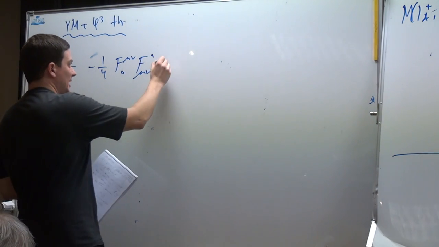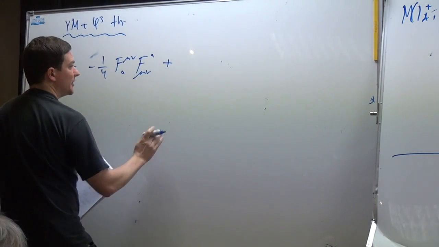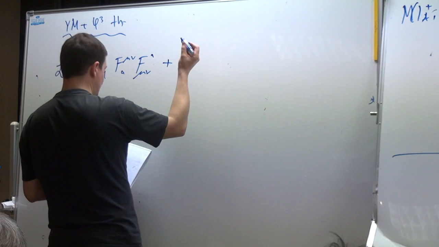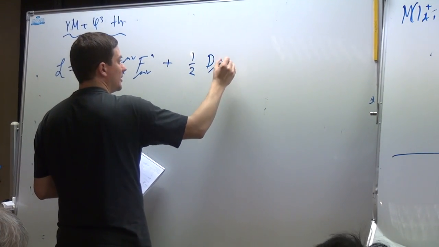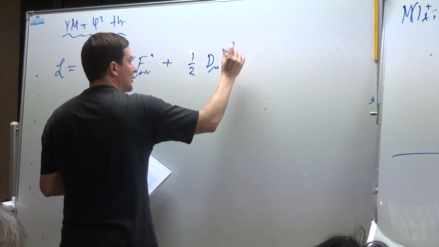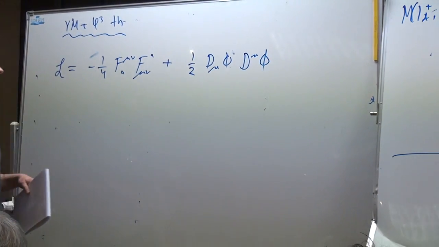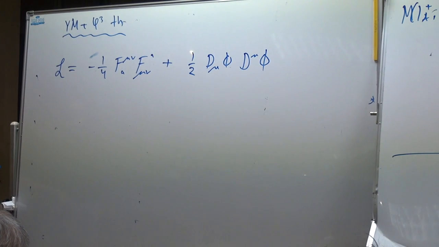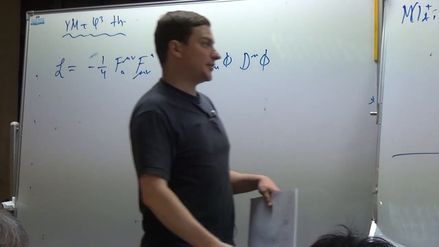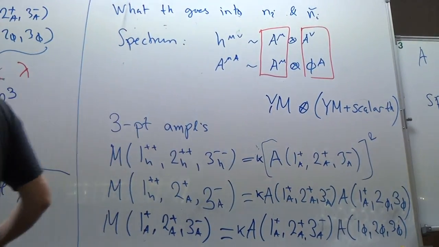And we also have scalars, so we assume that the scalars interact with the Yang-Mills field, and then they have to have covariant derivatives for the kinetic term. We also assume that the scalars are real because the Yang-Mills fields that they produce are real, so it's reasonable to expect that this is a real scalar.